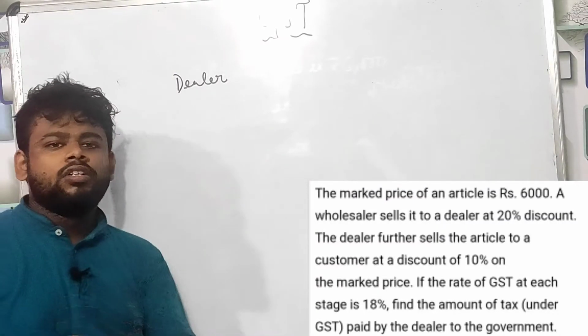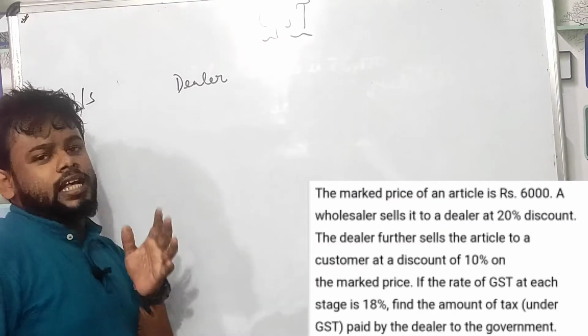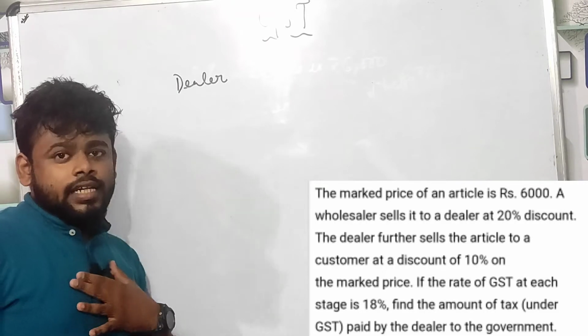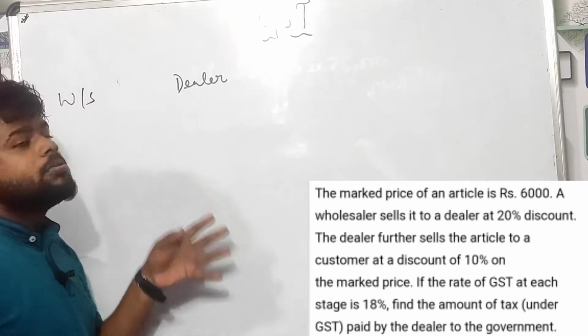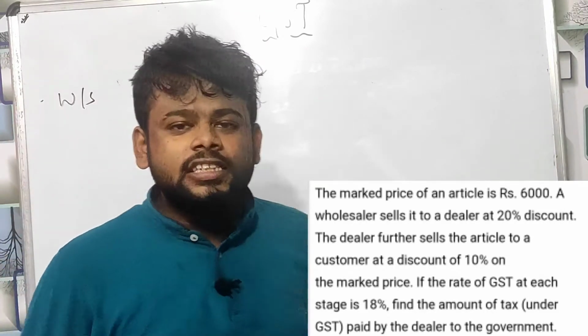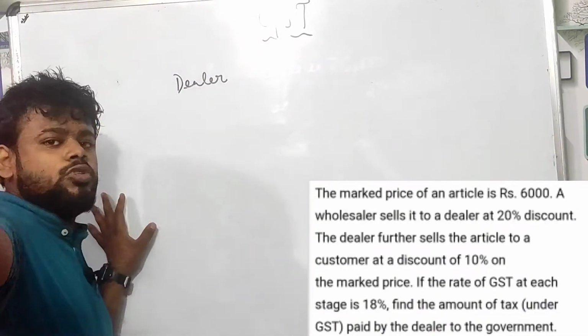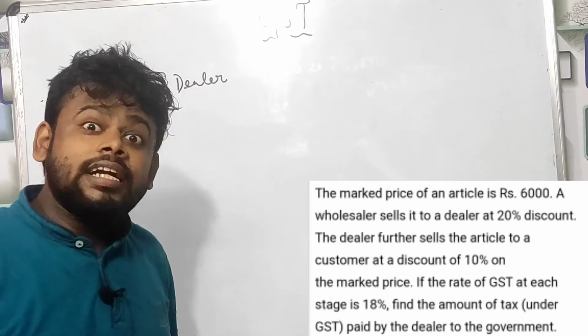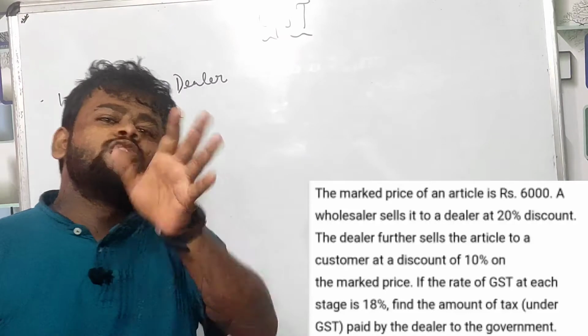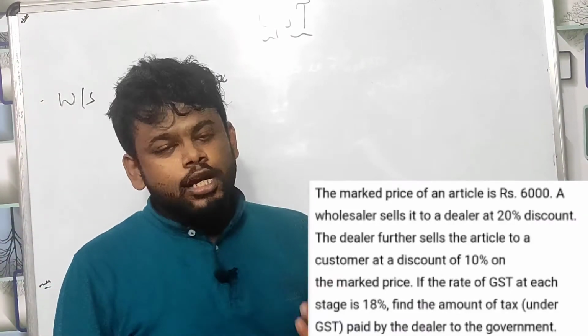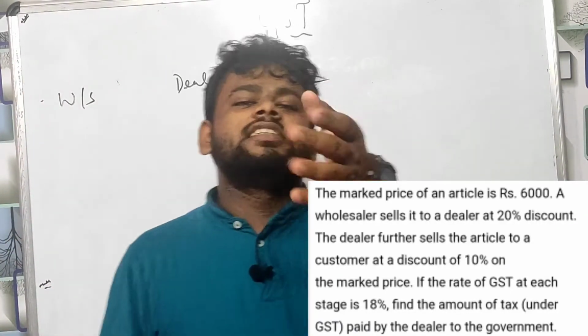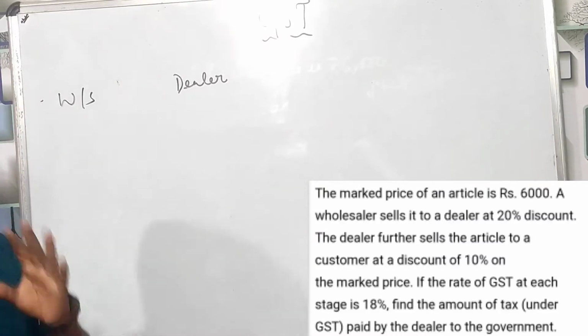Suppose I am a wholesaler and I am selling the article to the dealer. The dealer is you. I am selling the article to all of you at 6,000, and I am giving you 20% because you are watching my videos. That's the reason, out of love, I am giving you 20% discount.